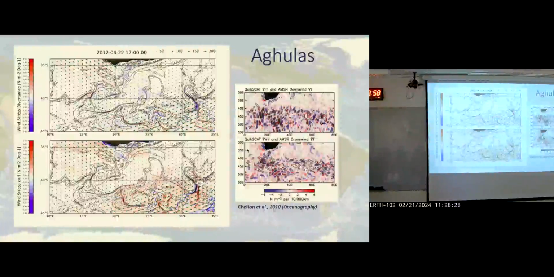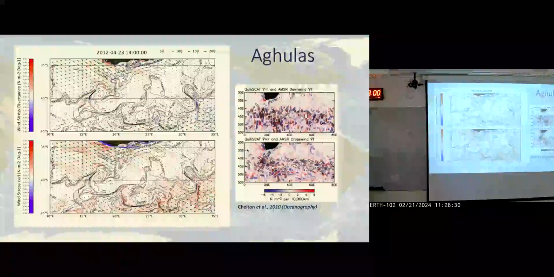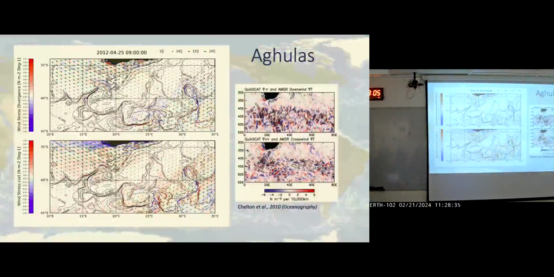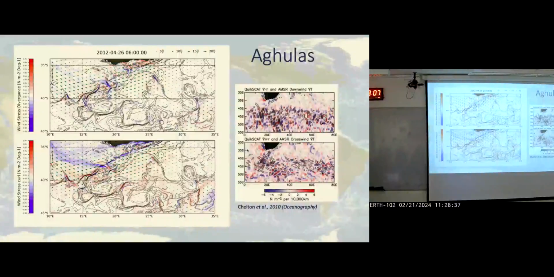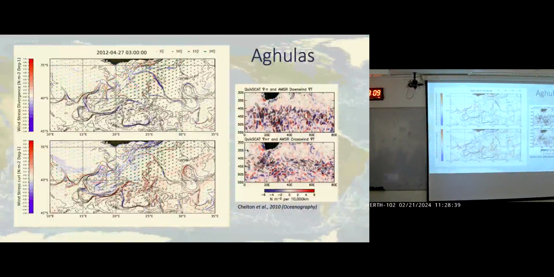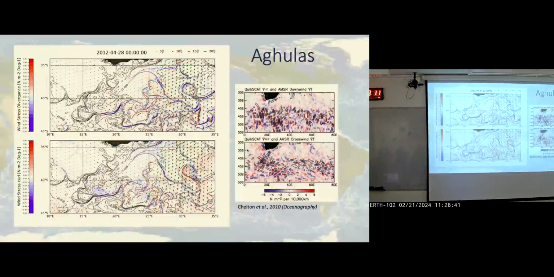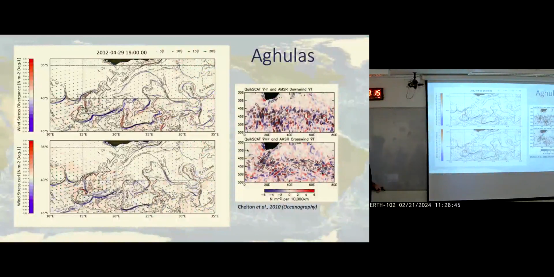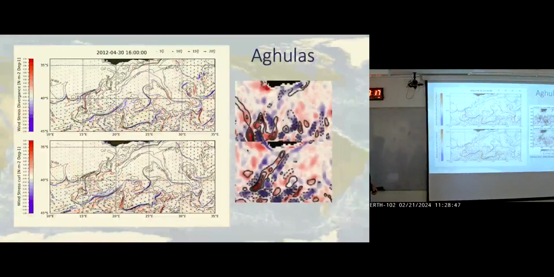This is when the wind is relatively strong. That's the green arrows here. So when we have strong winds blowing across the front, we start to see these divergence and convergence patterns. So they are not always there. They are there during specific conditions when the wind is strong.